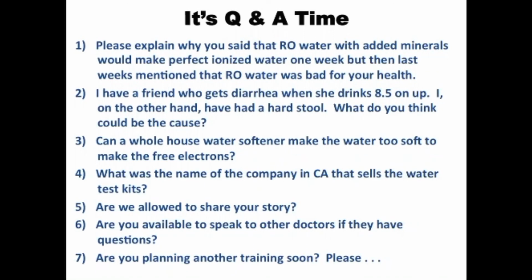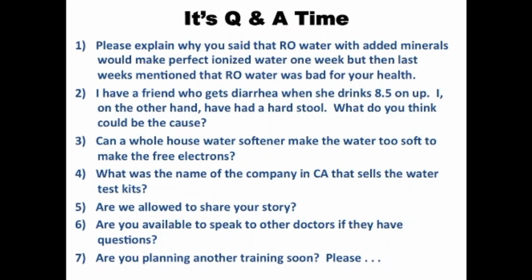So if you added minerals back in and ionized it, it would make an ideal water, because it would be clean and you'd have enough specific minerals in it to create very alkaline and very acidic water and all the levels in between.